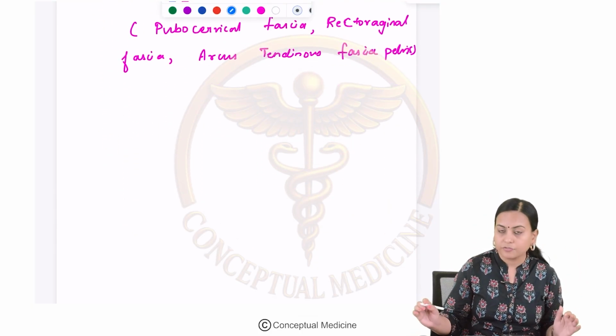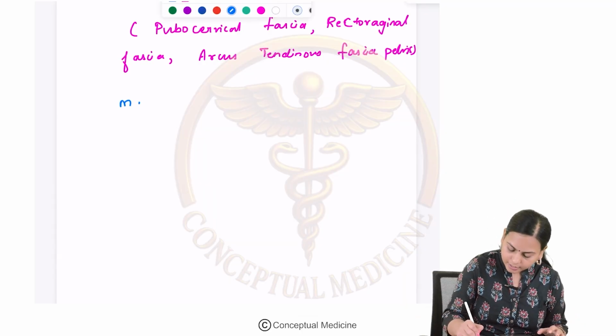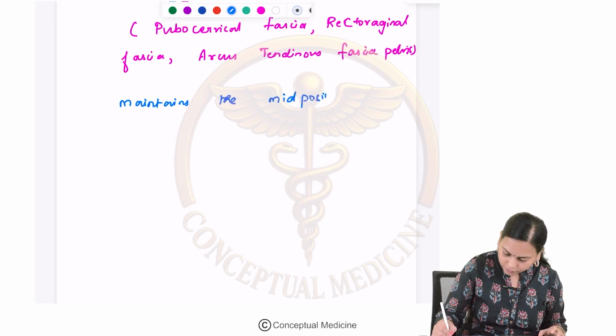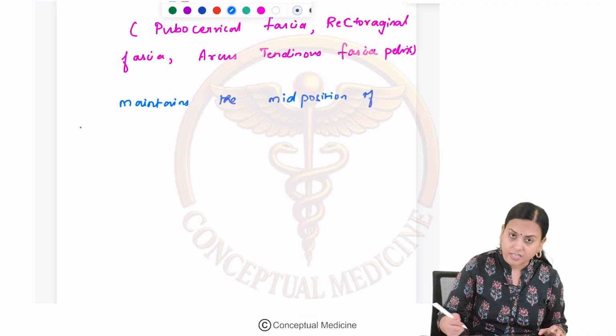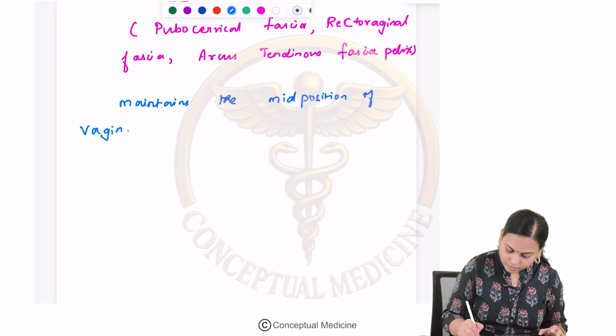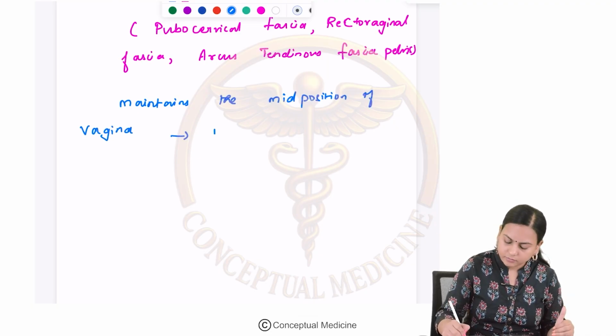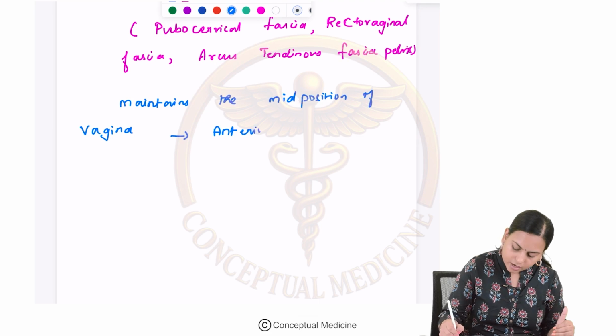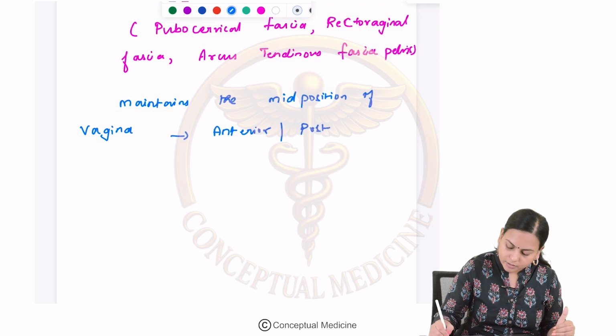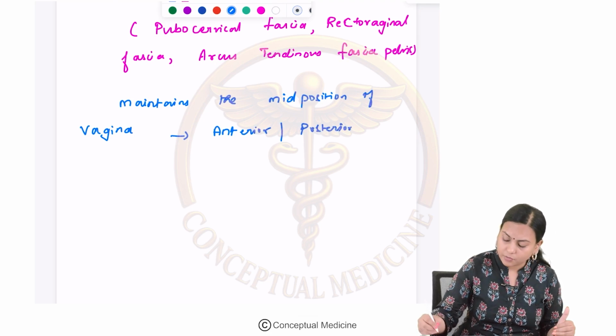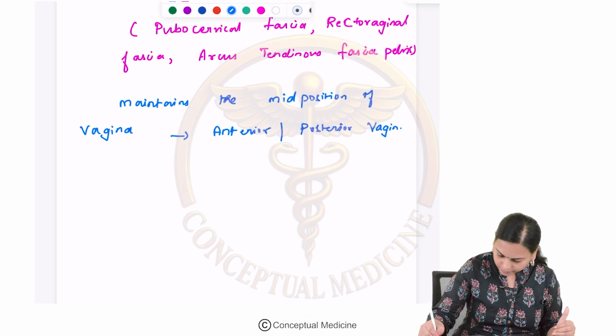The importance of this support is that it maintains the mid position of the vagina by supporting the anterior and posterior vaginal walls.